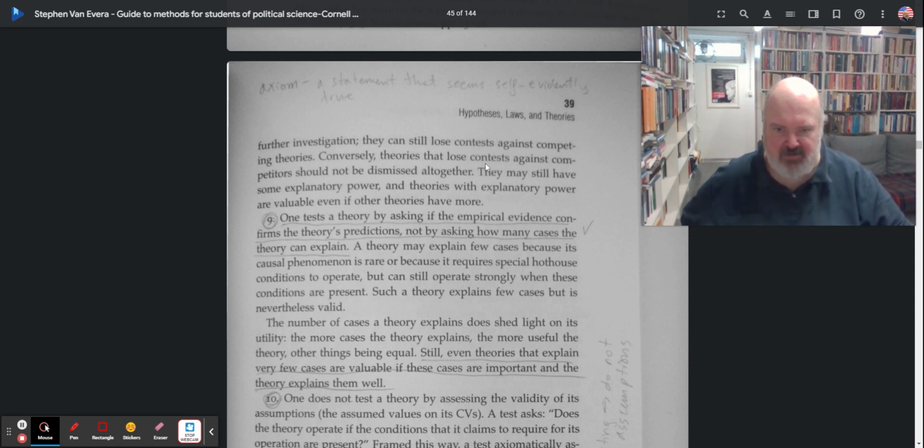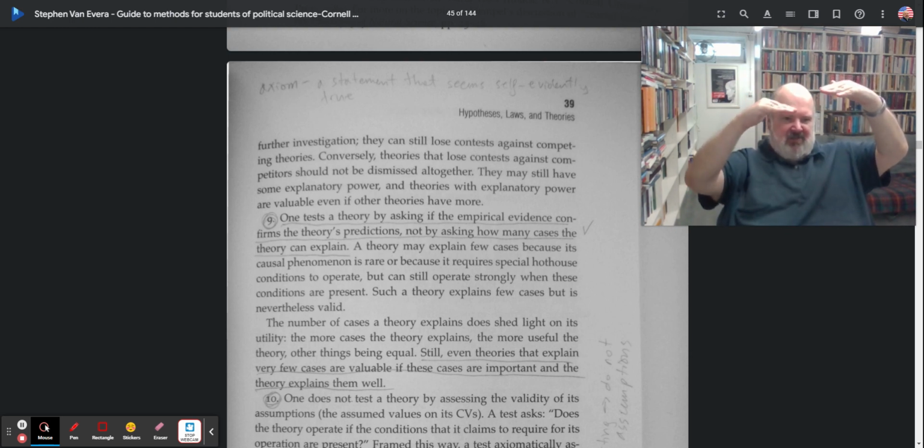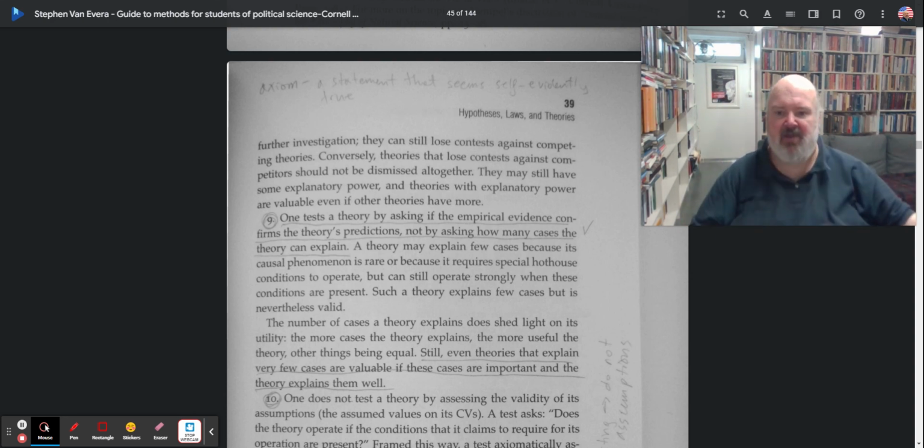Conversely, theories that lose contests against competitors should not be dismissed altogether. They may still have some explanatory power. Theories with explanatory power are valuable even if other theories have more. So just because something has more power doesn't mean that this one is no longer valuable. It has less, but it is still maybe valuable in some cases.